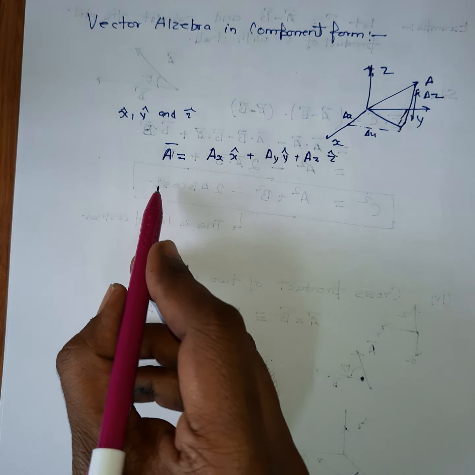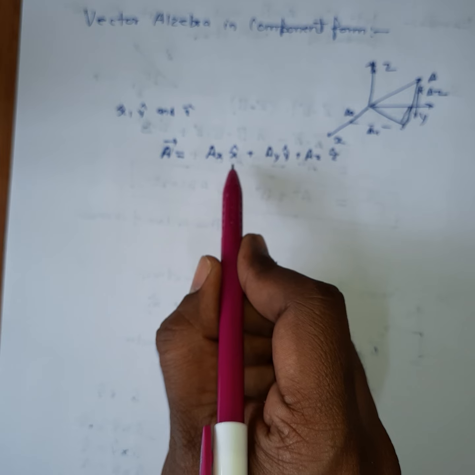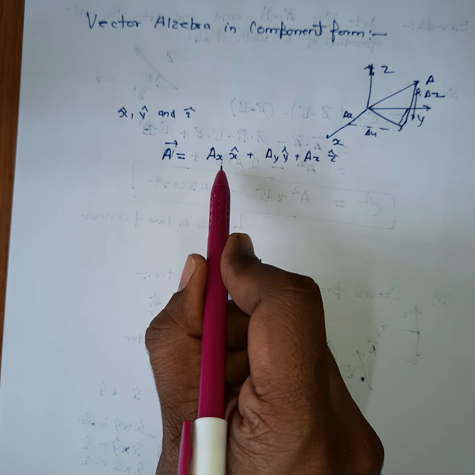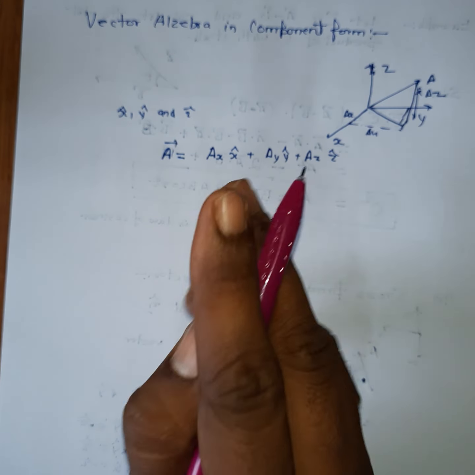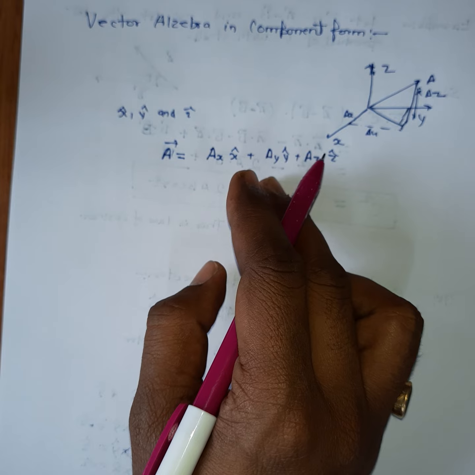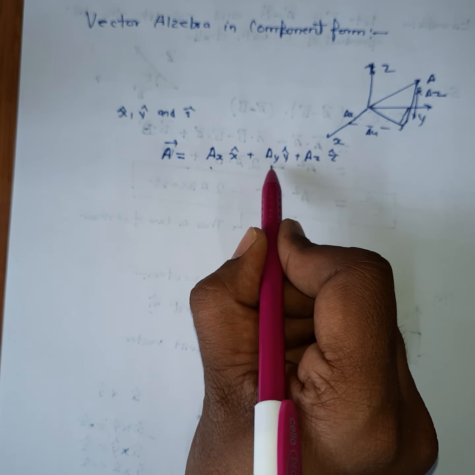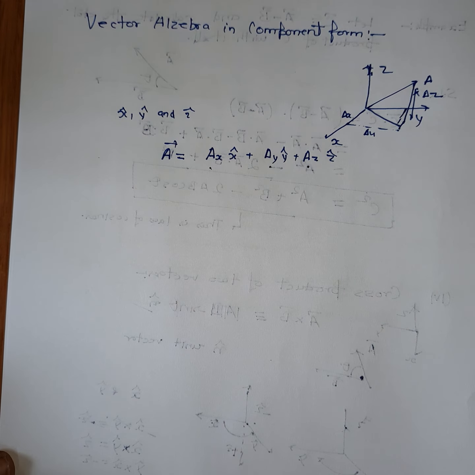So you can write any vector in terms of unit vectors x cap, y cap and z cap. Here ax, ay and az are the components of a along x-axis, along y-axis and along z-axis.